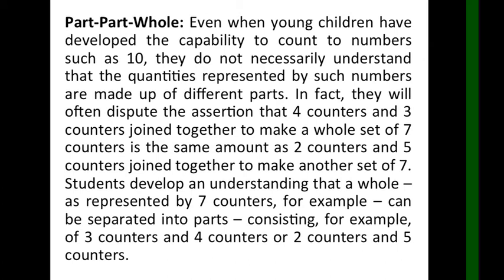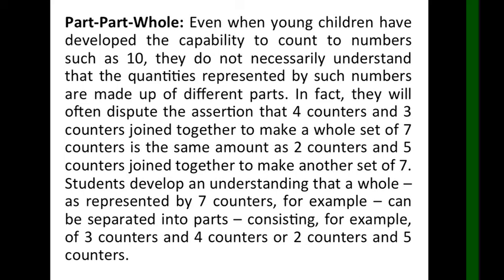Part-whole. Even when young children have developed the capability to count numbers such as 10, they do not necessarily understand that the quantities represented by such numbers are made up of different parts. In fact, they will often dispute the assertion that 4 counters and 3 counters joined together to make a set of 7 counters is the same amount as 2 counters and 5 counters joined together to make another set of 7.